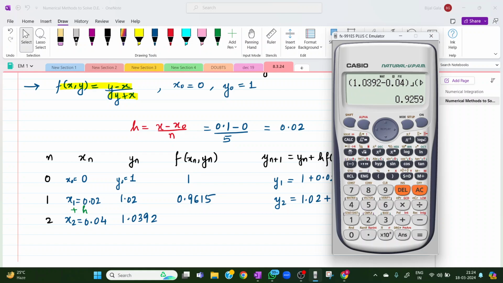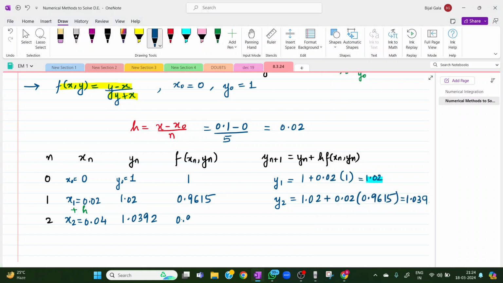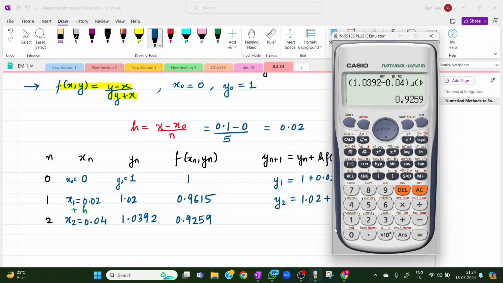That gives 0.9259, multiplied by 0.02, and plus 1.0392. You'll get 1.0577.